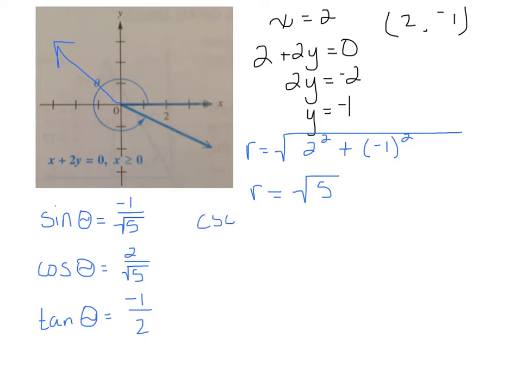Cosecant, square root of 5 over -1. Secant, square root of 5 over 2. And cotangent, 2 over -1.